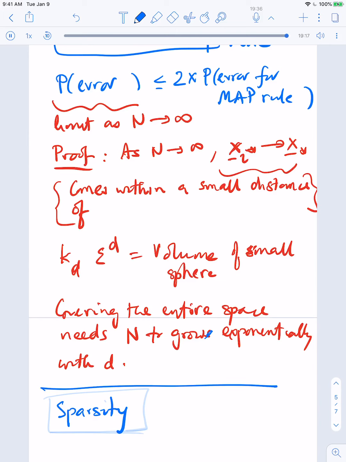It must be a simpler function that I'm trying to learn. There must be some low-dimensional structure in there that I'm learning. Whether it's linear or nonlinear, I don't care, but there must be some low-dimensional structure, and that's what I am calling the concept of sparsity. And we'll just see a few examples of how to apply it algorithmically.